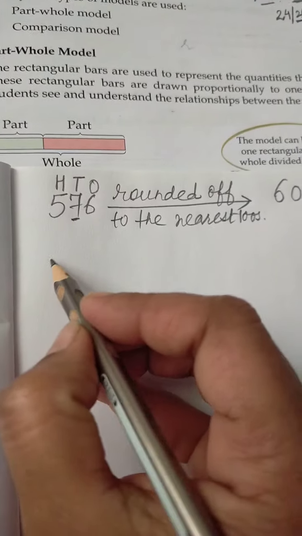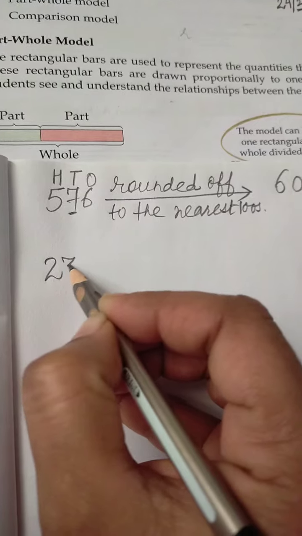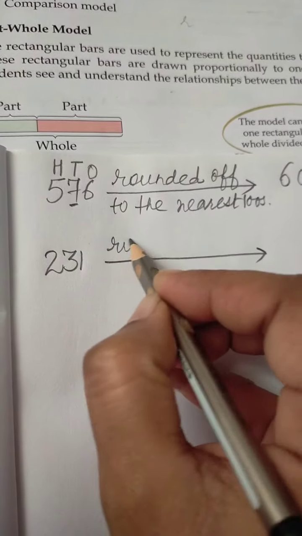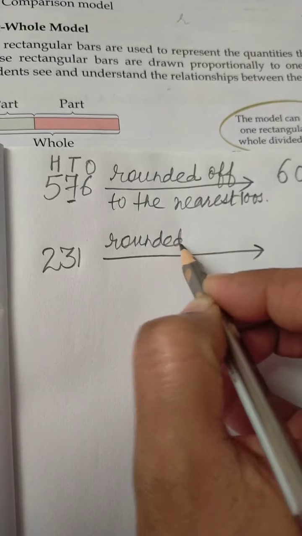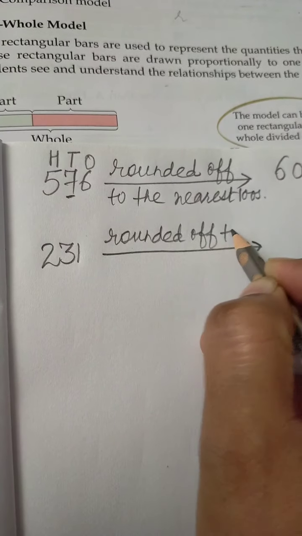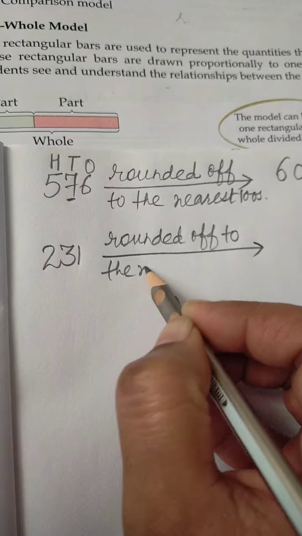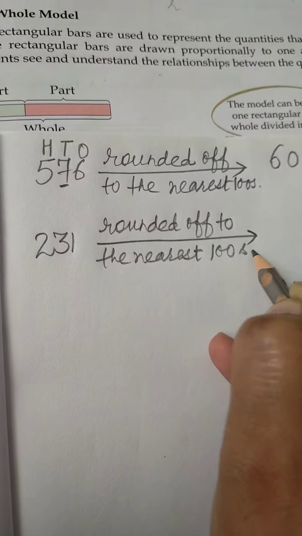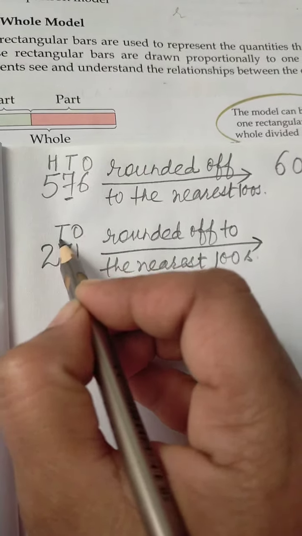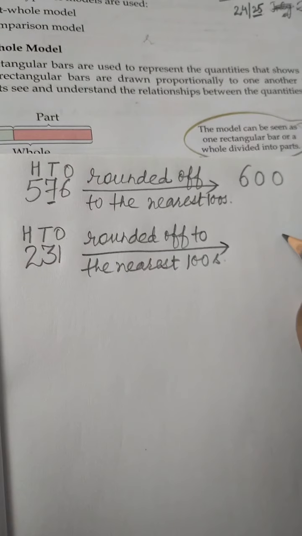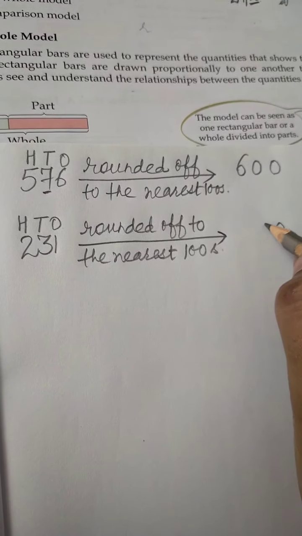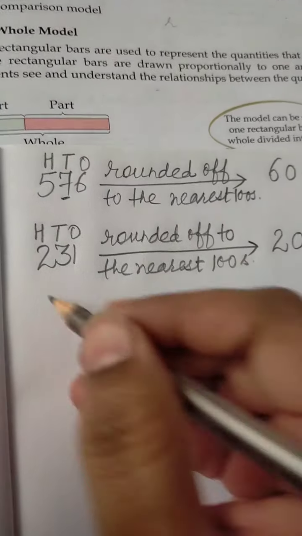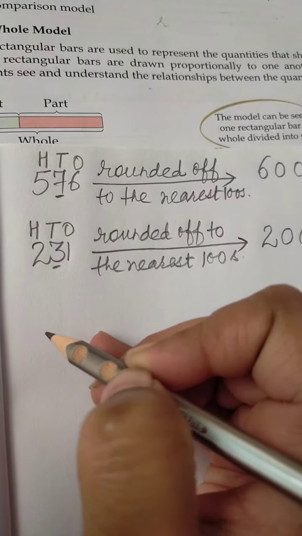Now the second number is 231. 231 rounded off to the nearest hundreds. Ones, tens, hundreds. Ones place 0, tens place 0, and the hundreds place will remain the same. Why? Because the tens place digit is less than 5.